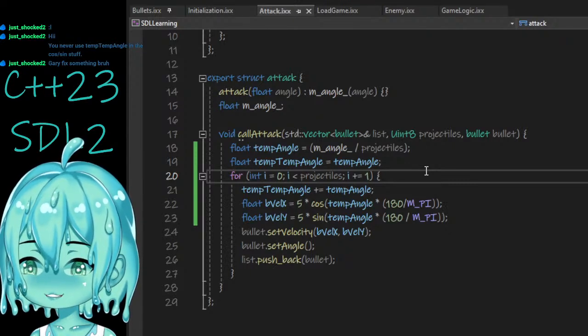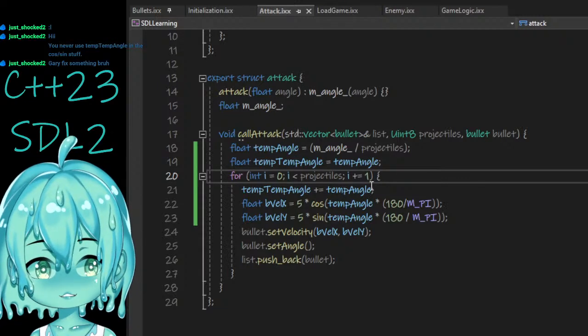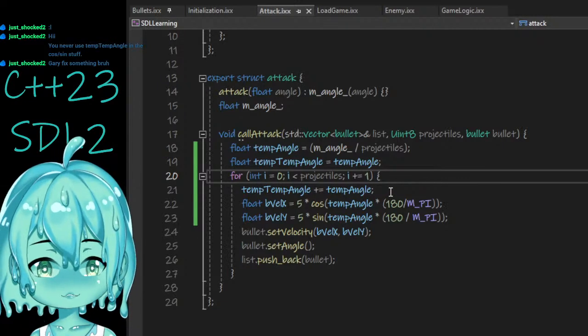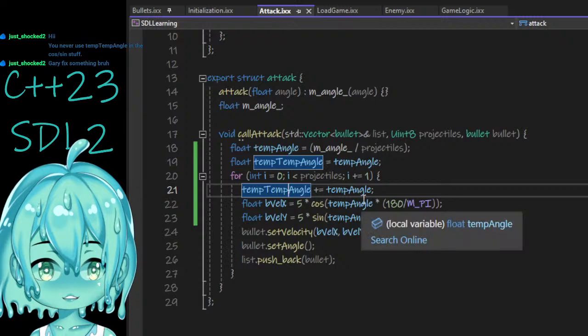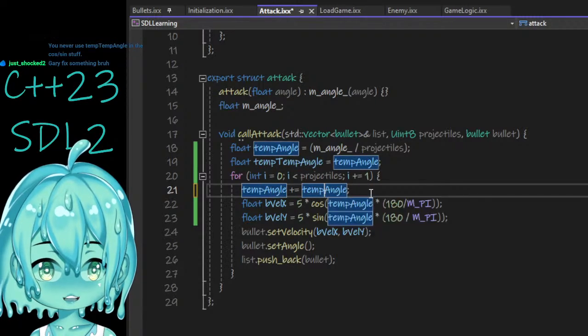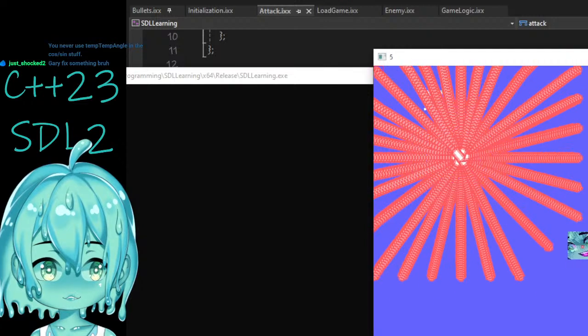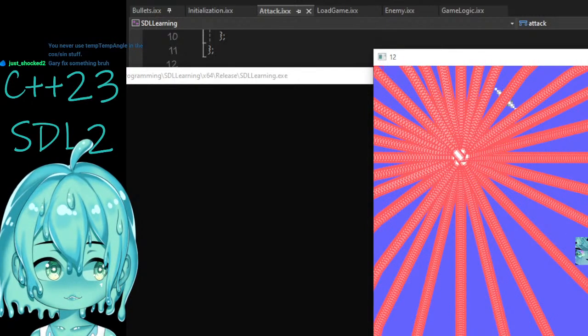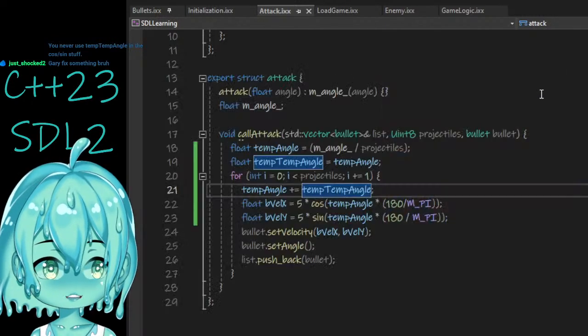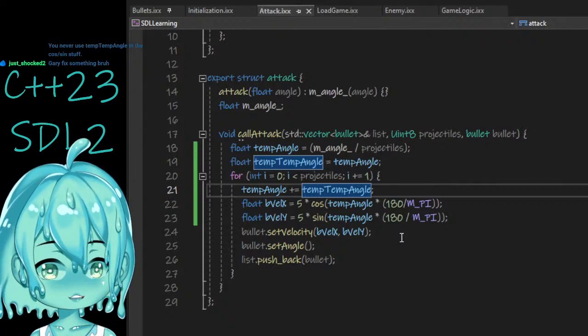You never use temp angle in the sine cosine stuff? Oh, you're right. So this needs to be temp angle, and then we add to it every time. Okay. This ends up looking the exact same as before. Okay.